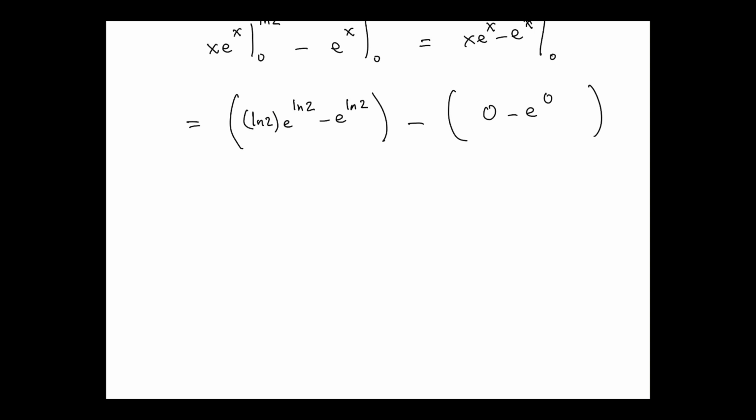Two. Okay, so we have log 2, can't do anything with that. That's 2, that's 2. And then minus, what's e to the 0? 1. I've got a double negative, so it'll be plus. And so I'll get 2 natural log of 2 and then I've got minus 2 plus 1 minus 1.